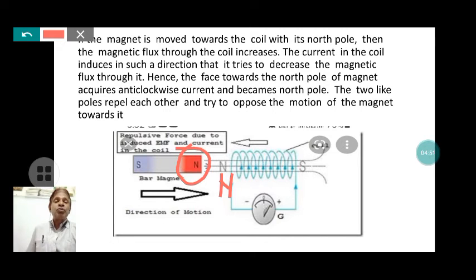So the two north poles oppose the movement of the magnet, and this is the opposition to the movement of the magnet. The direction of the induced current in the coil is decided this way. The two like poles repel each other and try to oppose the motion of the magnet towards it. That's why this end of the coil becomes the north pole that opposes the motion of the magnet towards the coil.